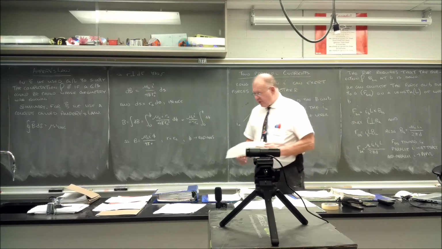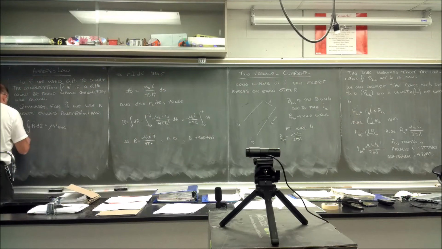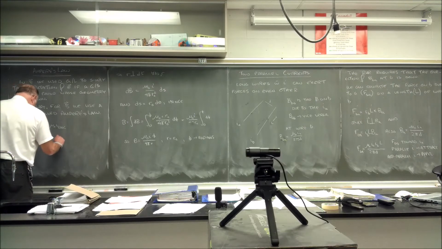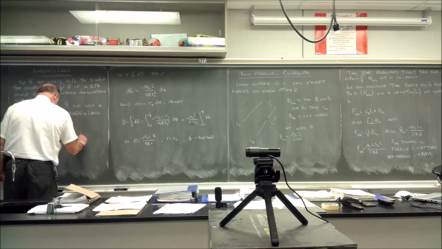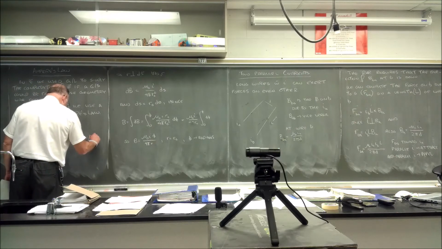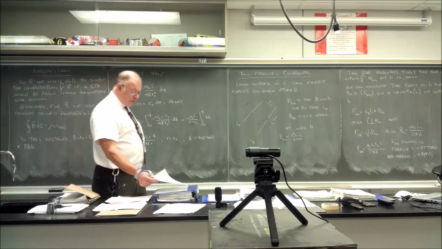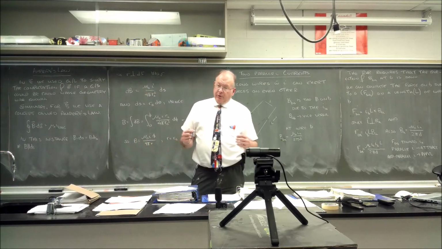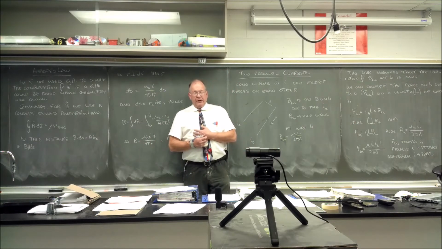In this instance, B dot ds equals B ds if B is parallel to ds. So in effect, what you would like is to have the Amperian loop going the same direction as the magnetic field.